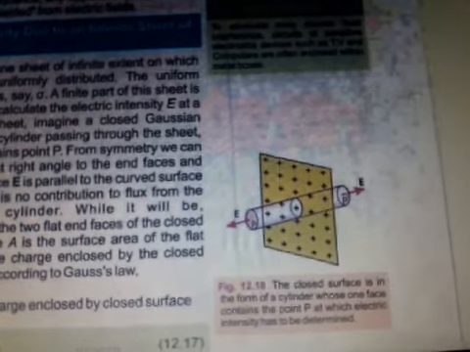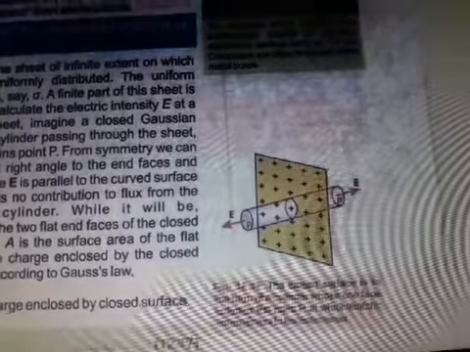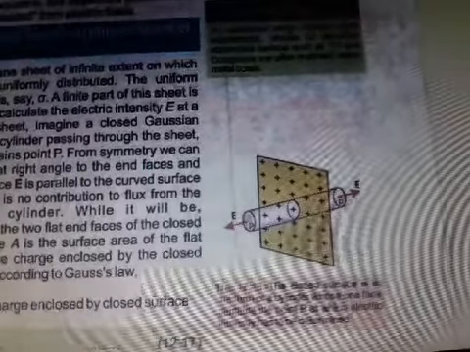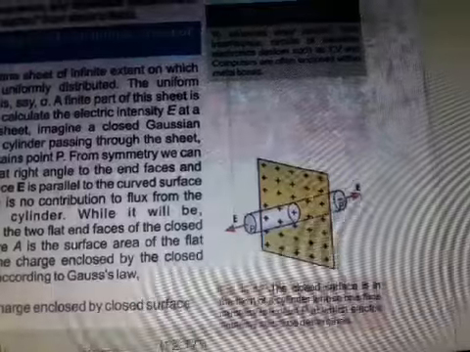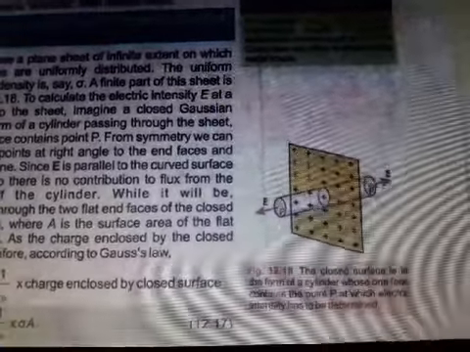To calculate this, let us have a Gaussian surface in cylindrical form such that the point P lies on the surface of the cylinder as shown in the figure, the top surface on both sides.